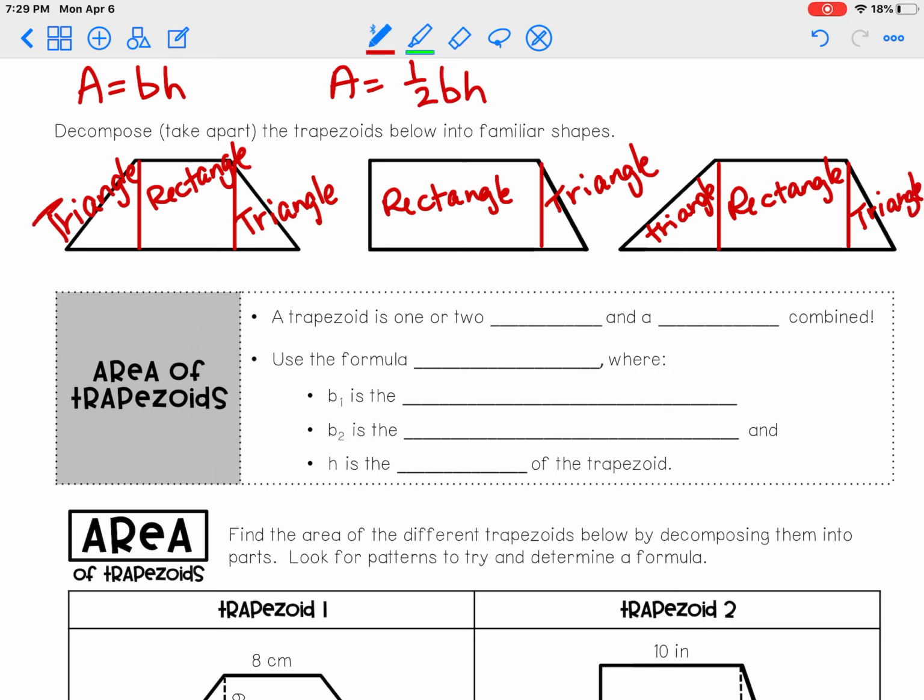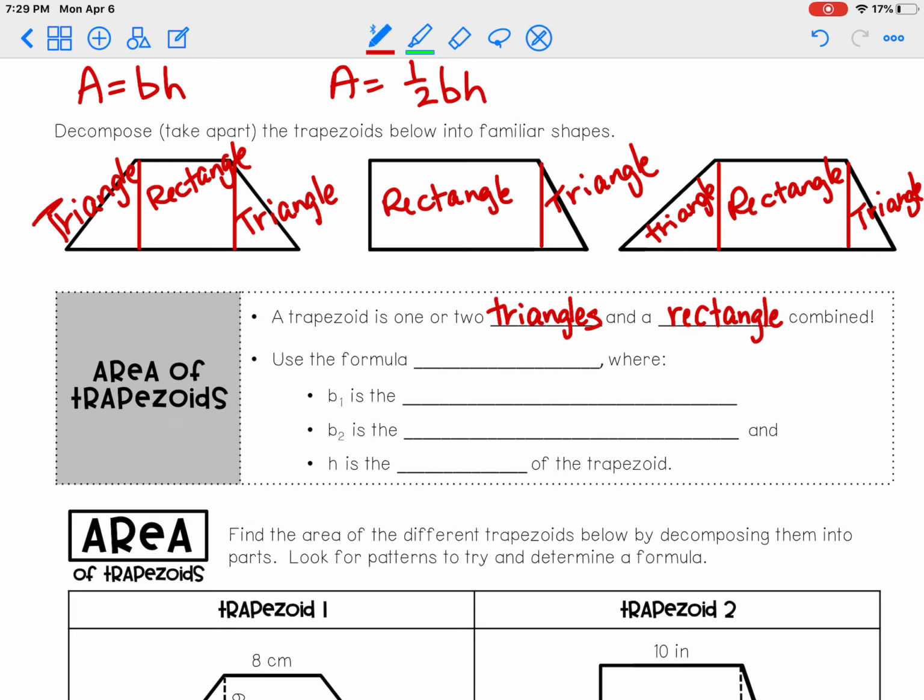Okay, so just a little bit about how rectangles and triangles can make up a trapezoid. And because a trapezoid is made up of either one or two triangles and a rectangle, it has a little bit different formula for finding area.